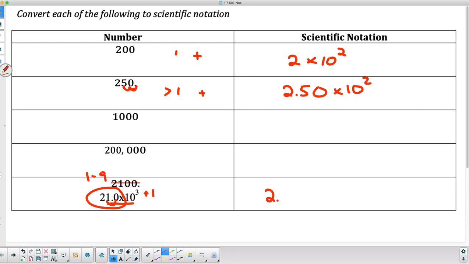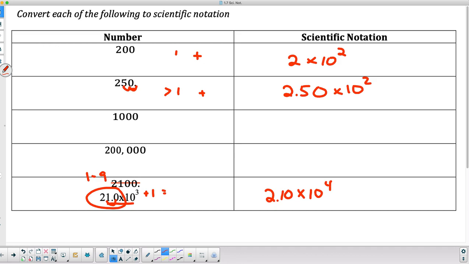So what I have is 2.10 times 10 to the fourth instead of the third. So I add one more on when I move to the left, and I subtract one if I move it to the right.